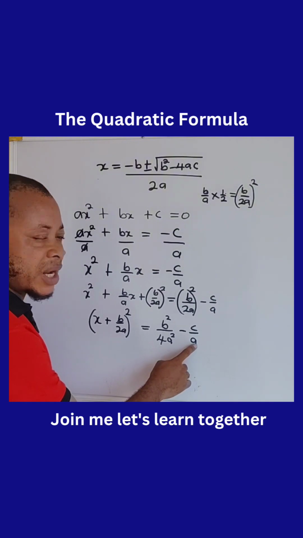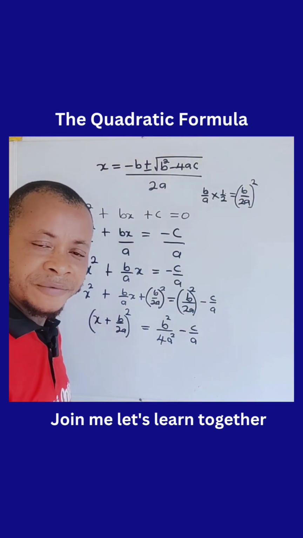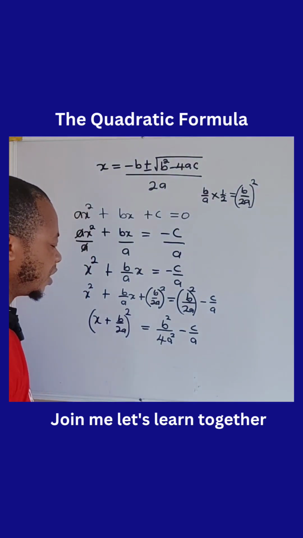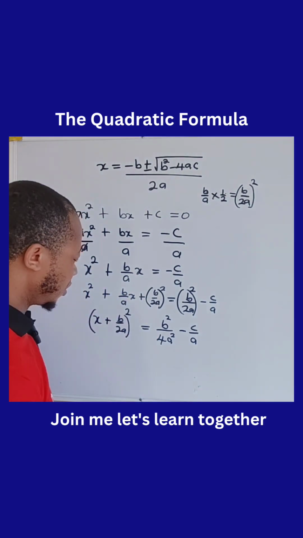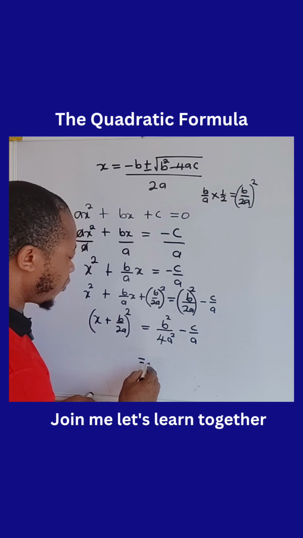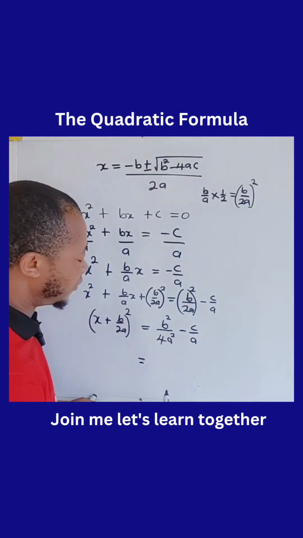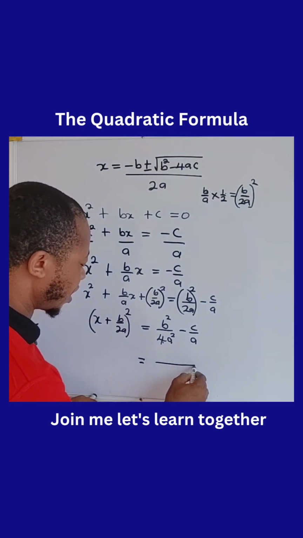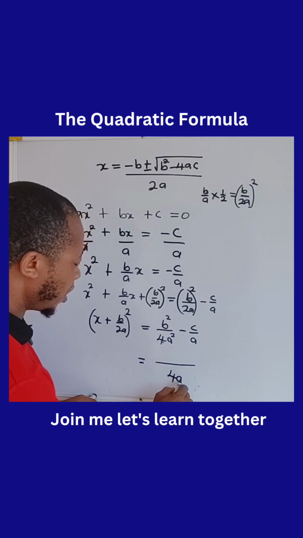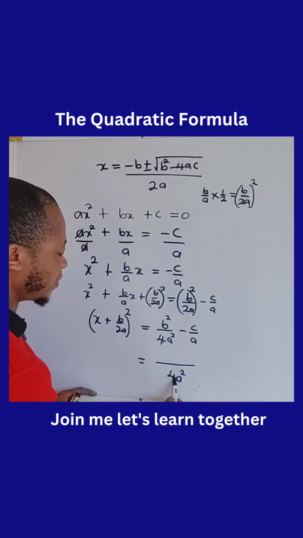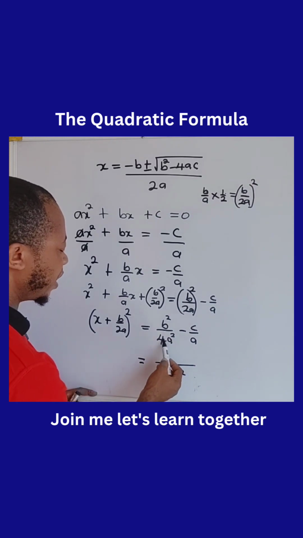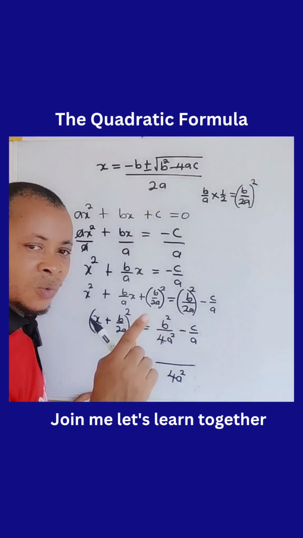4a squared and a are the denominators of this fraction. So let's simplify them by giving them a common denominator. Okay, that common denominator will be the LCM of the two denominators. The LCM is 4a squared, all right? Now, 4a squared will be divided by 4a squared to give us 1.